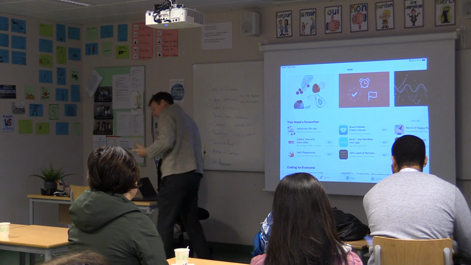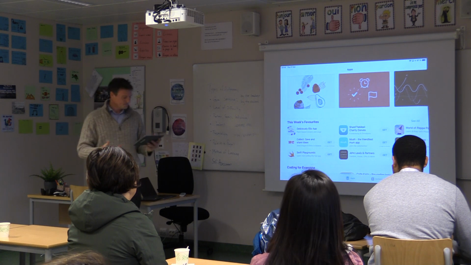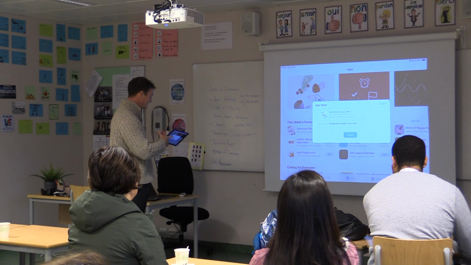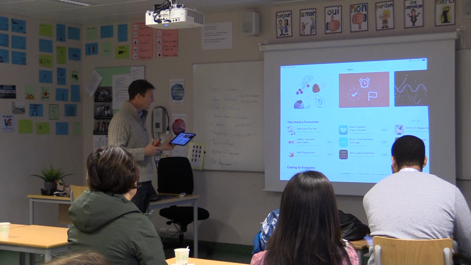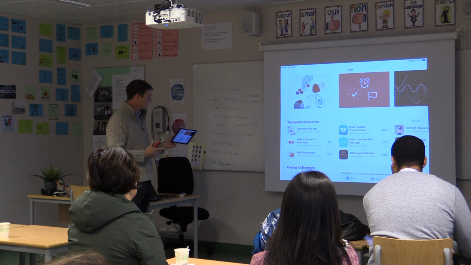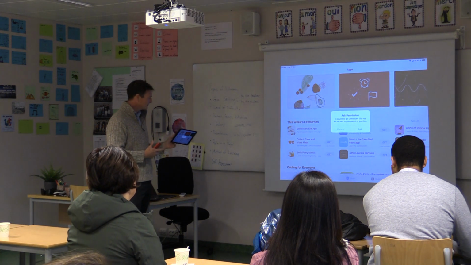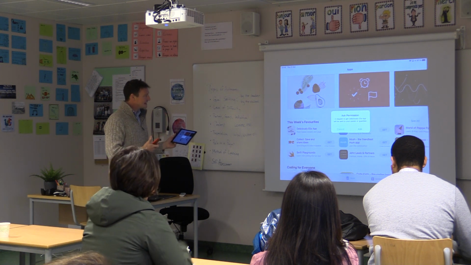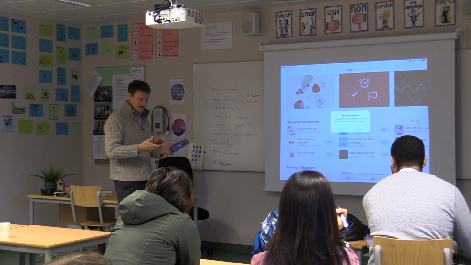Okay, so what should happen now is it will say, I want to install this app, and it'll pop up on this device saying a request to get Deliciously Ella app has been sent to your parent or guardian.